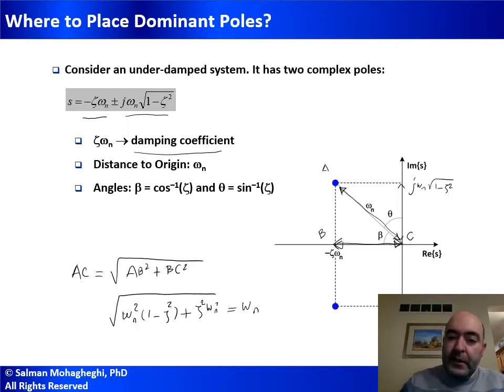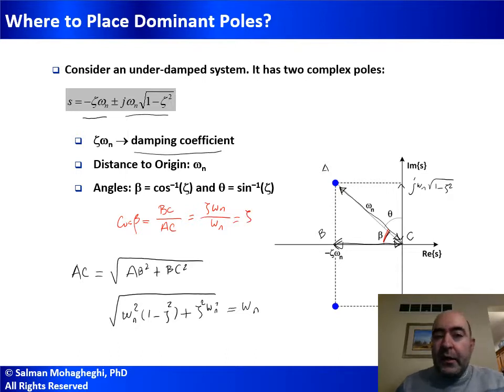The last thing is this particular angle beta. Cosine of beta is going to be equal to BC divided by AC. Now BC is zeta omega n, and AC is omega n. So cosine of beta is going to be zeta, meaning that beta is going to be cosine inverse of zeta.